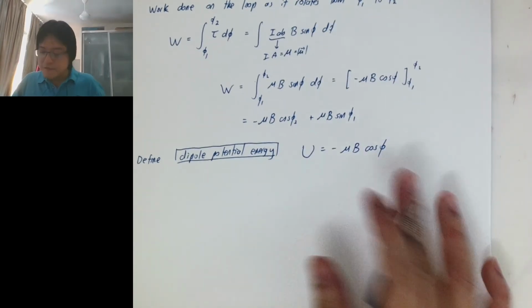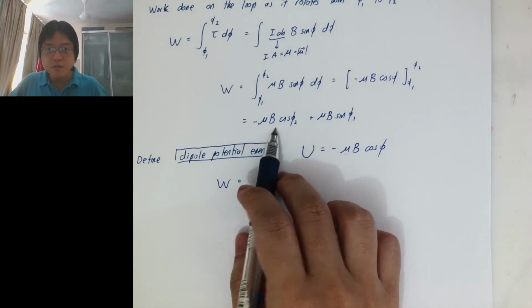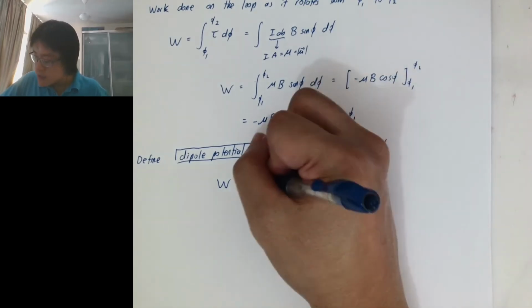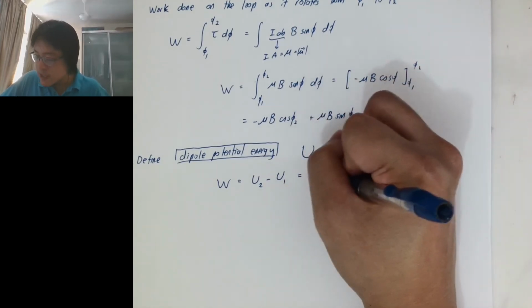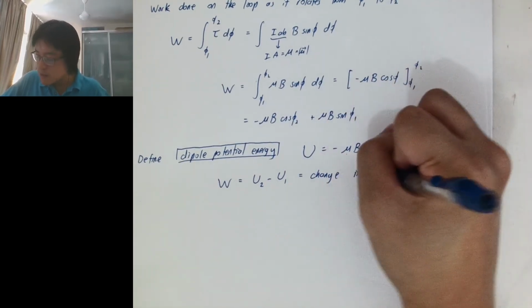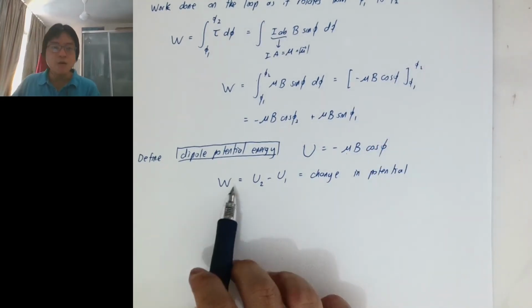So that means the work done is just the potential energy at 2 minus potential energy at 1. So potential energy at angle 2 minus potential energy at angle 1. So this is the change in potential. Okay, so that is the work done, right?